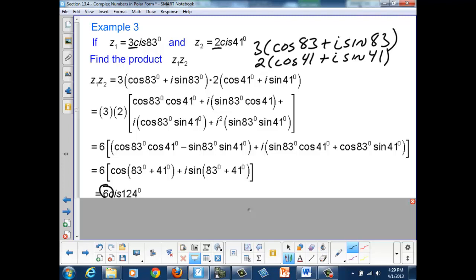And where did this 124 degrees come from? Well, it came from adding the 83 and the 41. So anytime I multiply two complex numbers in polar form, I can get to the answer just by multiplying the r values and adding the theta values.